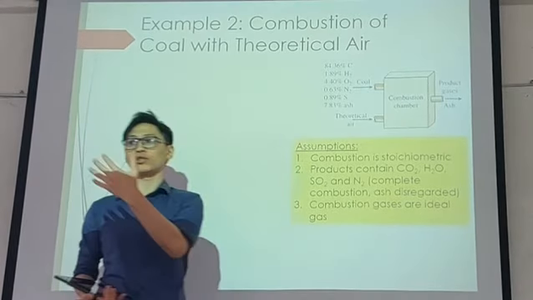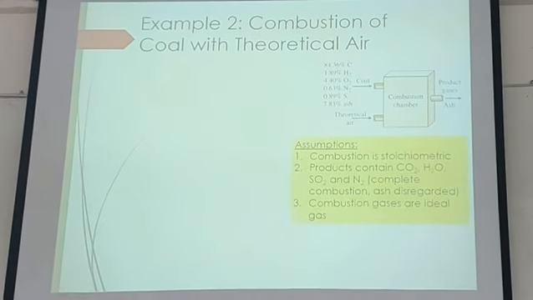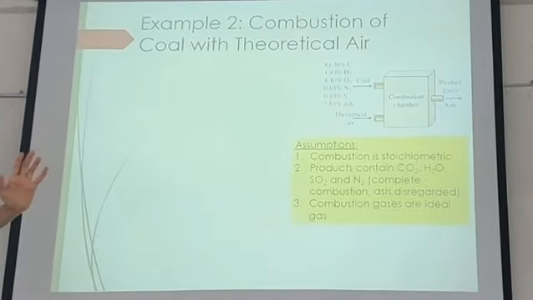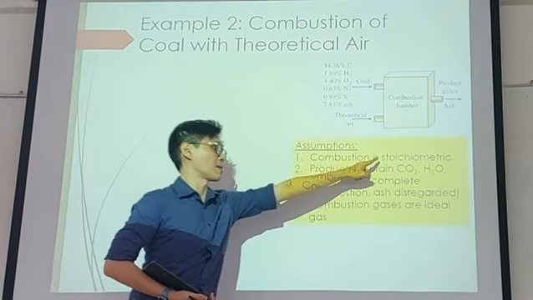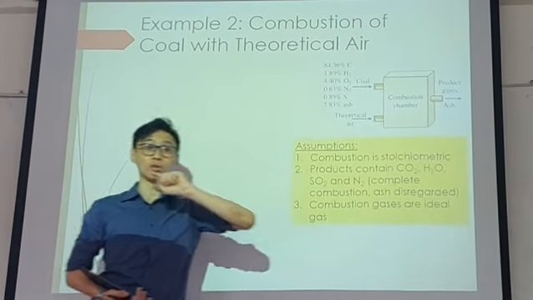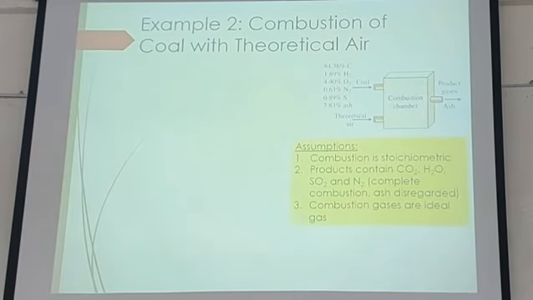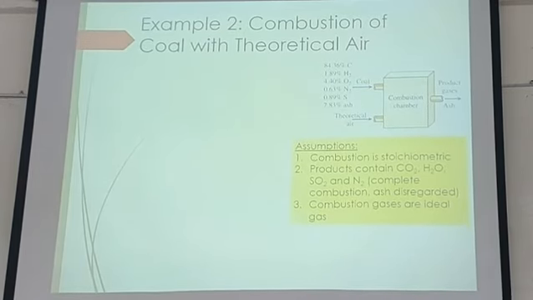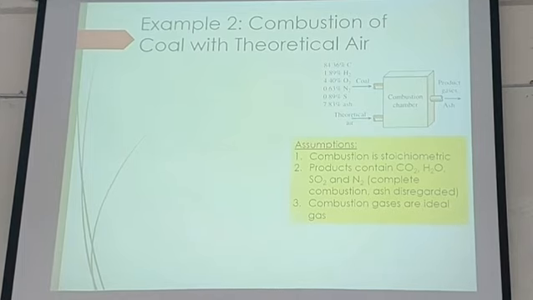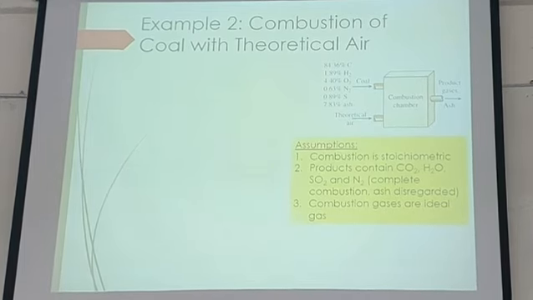You need to assume complete combustion with no excess air in order to find the stoichiometric amount. This one is very important, because sometimes students jump straight into the actual process and then get confused because they don't know how to find the stoichiometric amount. We will have examples of this. You will see. So these are the assumptions first.